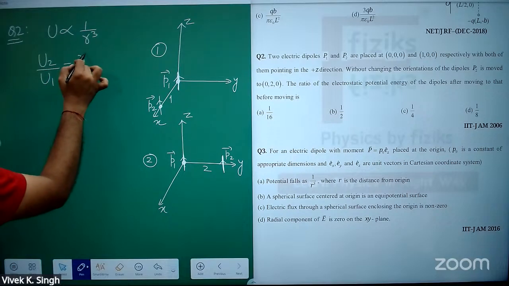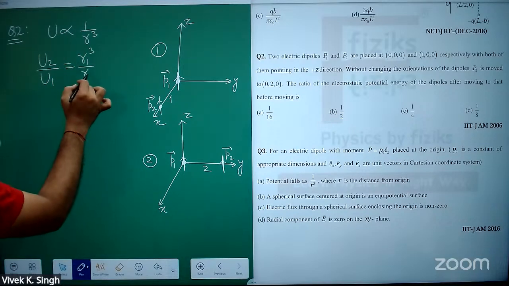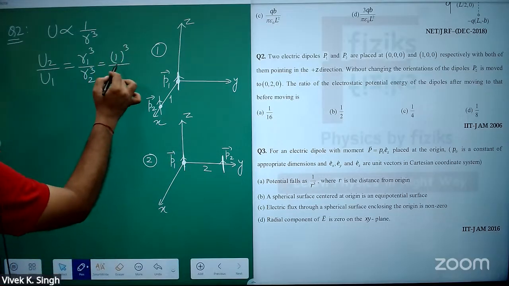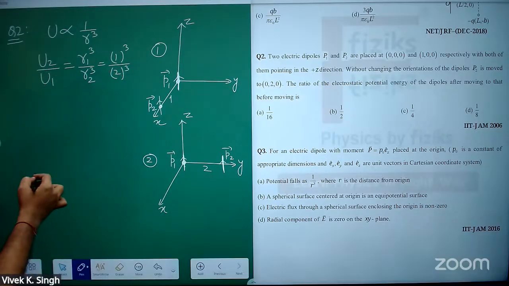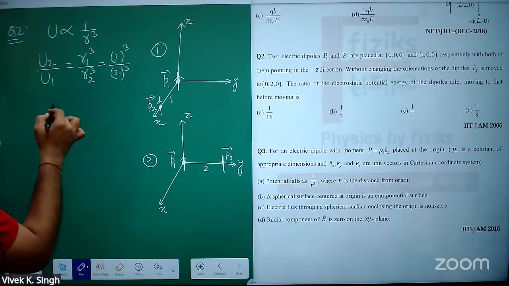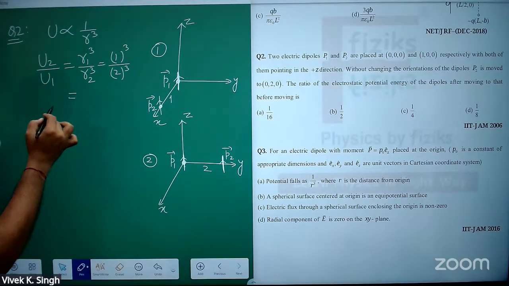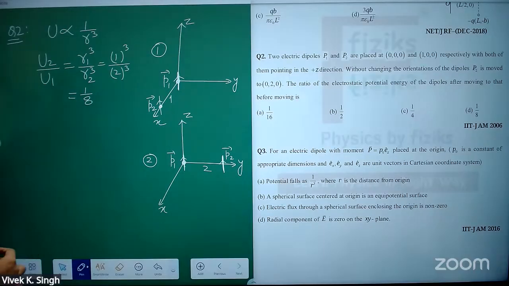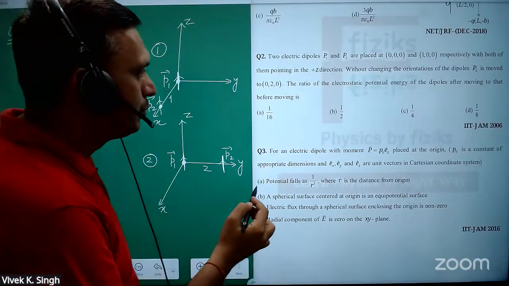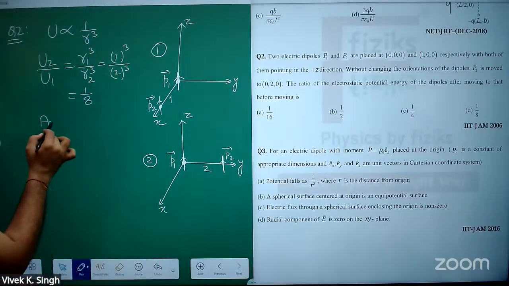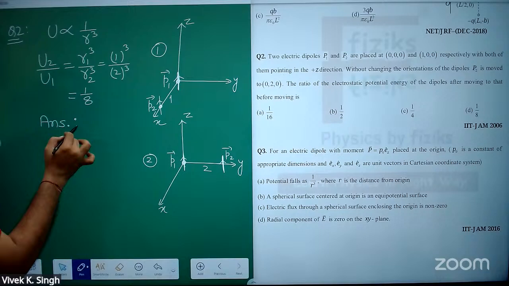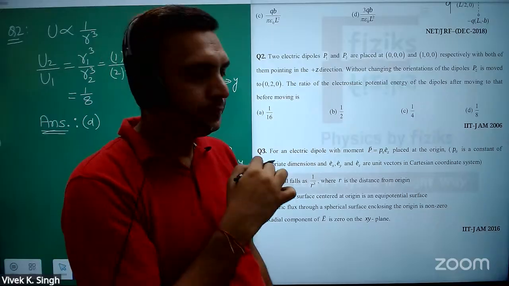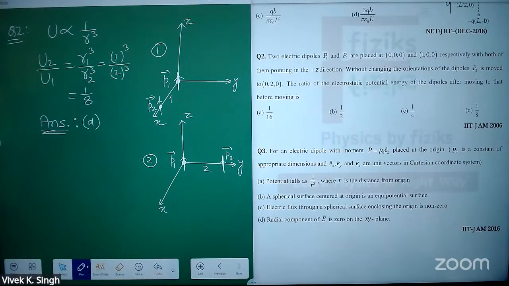This will be R1 cube by R2 cube. R1 is 1 unit and this is 2 units. So that will be 1 by 8. So this ratio will be 1 by 8. So option D is correct. Is it clear? So that is question number 2.